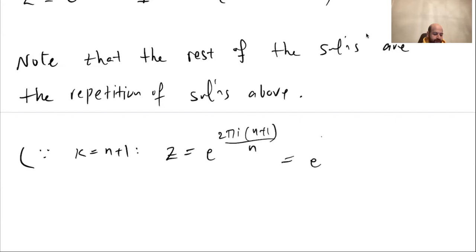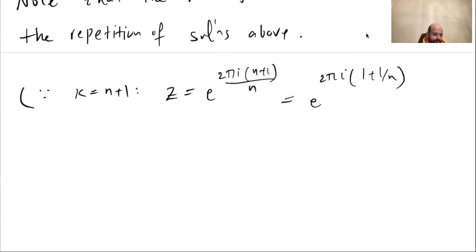And this is the same as e to the power 2 pi i times 1 plus 1 over n. That's e to the power 2 pi i plus 2 pi i over n. And this one we can write as e to the power 2 pi i times e to the power 2 pi i over n. E to the power 2 pi i is 1. So this is the same as e to the power 2 pi i over n.